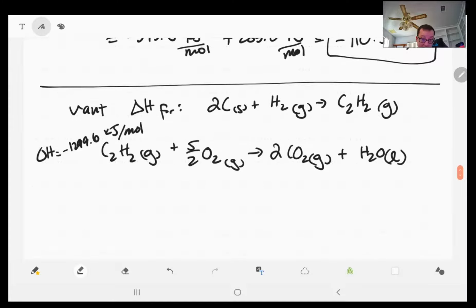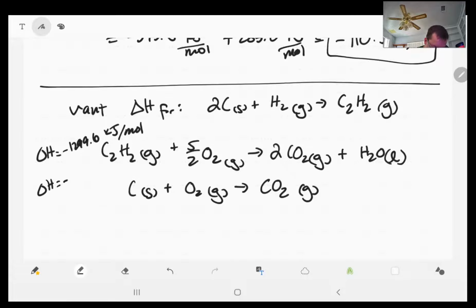I'm going to need more space on these. Next one we have is just burning carbon itself. We've got carbon dioxide, delta H for that. We just did negative 393.5 kilojoules per mole. And one more, we've got burning of hydrogen.